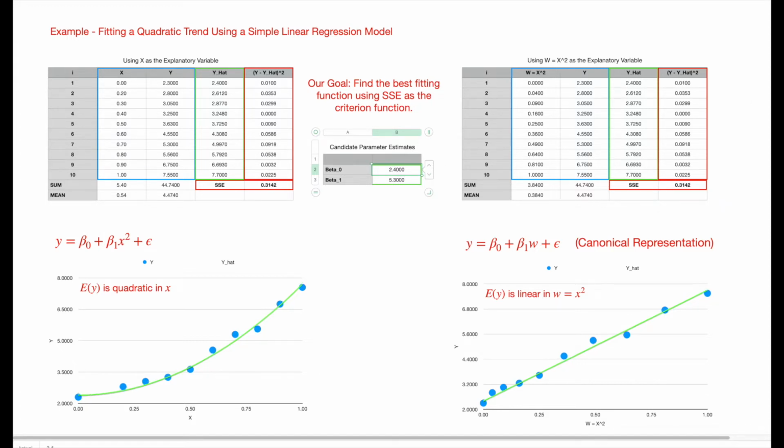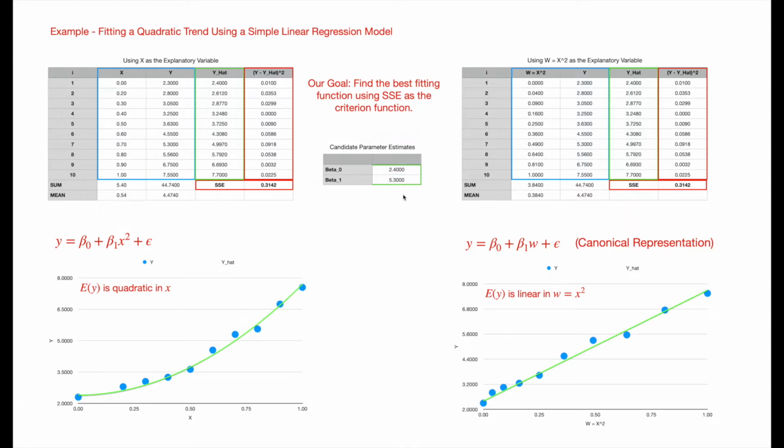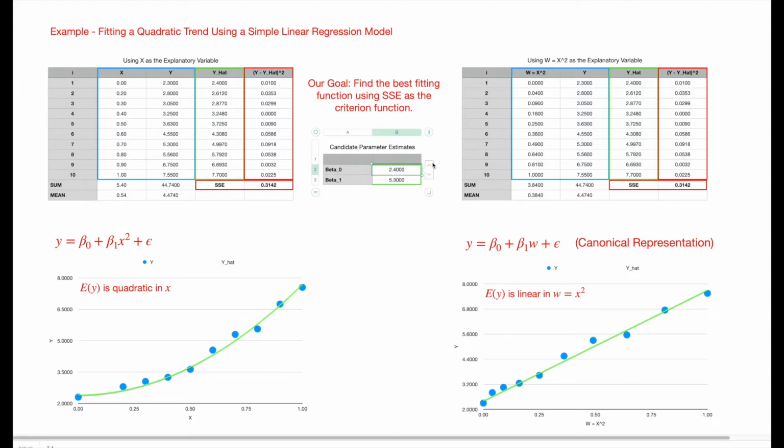What I'm going to do next is change the resolution a little bit on each of these parameters so that we can fine tune it a little bit more. Instead of changing in increments of 0.1, I've changed it to increments of 0.01. And so we should be able to get a finer resolution.